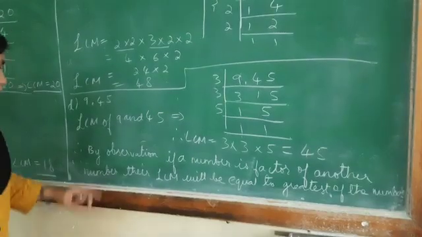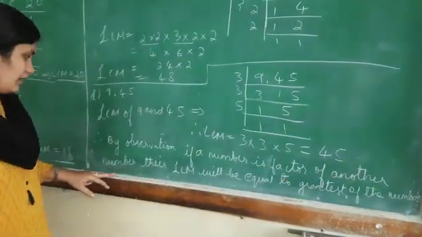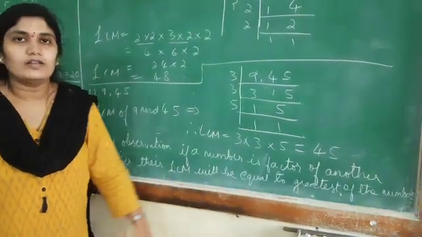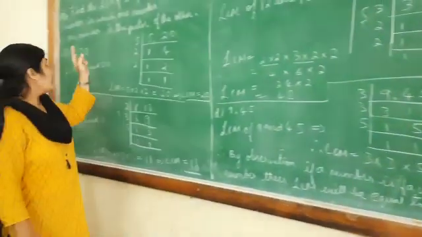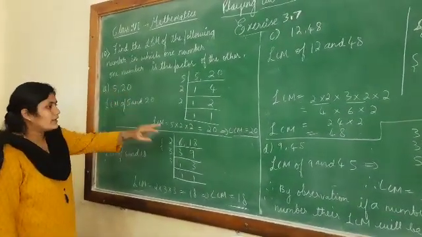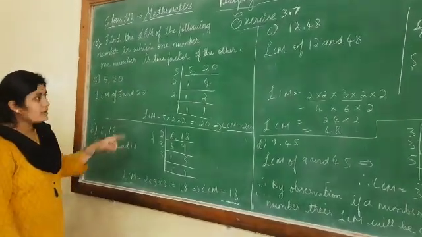Here, by observation, if a number is factor of another number, their LCM will be equal to greatest of the numbers. That means, in given two numbers, if one is factor of another number, their LCM will be equal to the greatest number in each case.